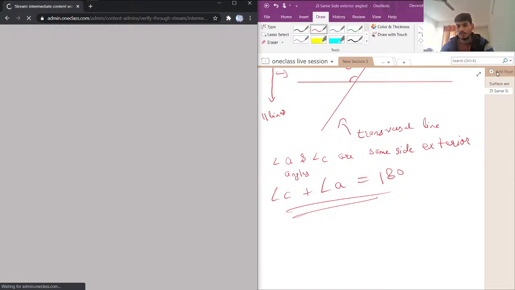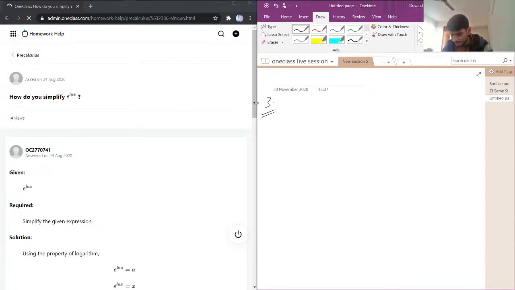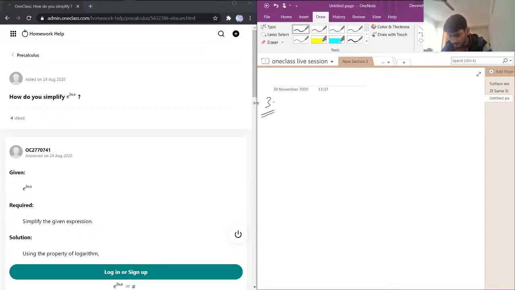Let us go to question number 3. How do we simplify e power ln of x?